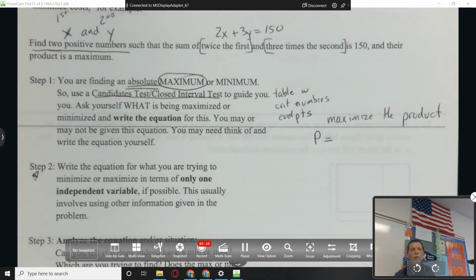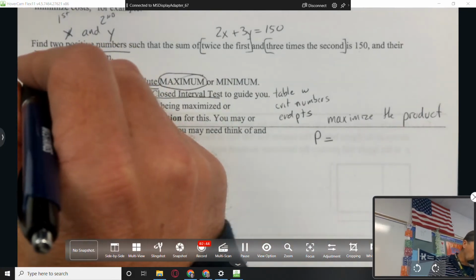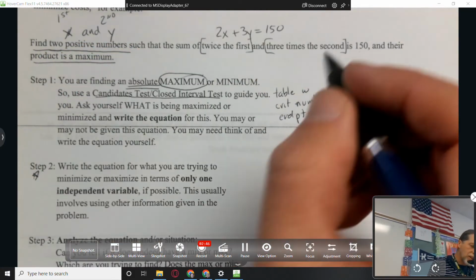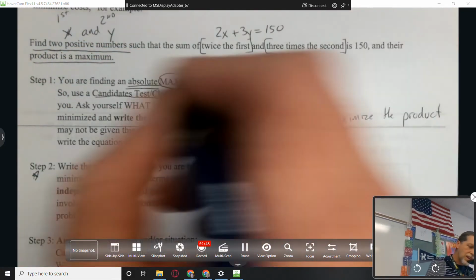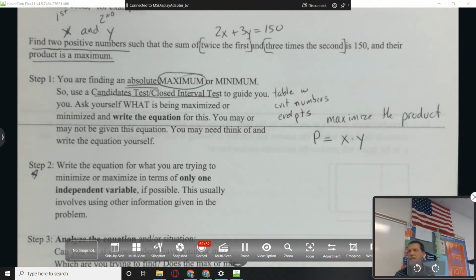So what's an equation that will tell me their product? What does product mean? Their product is a maximum. So the product of x and y. So the product that we want to maximize is just x times y.